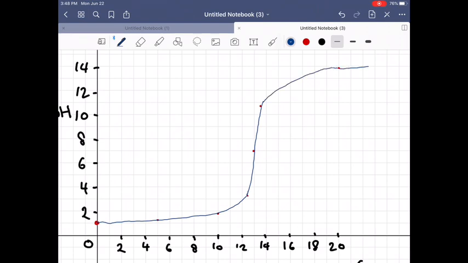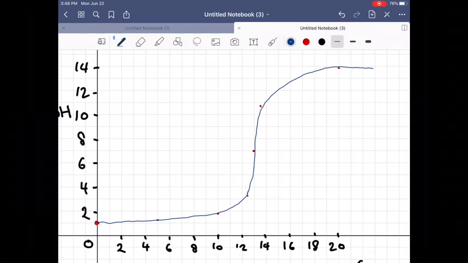You're going to do this, okay? I know this is not beautiful. I'm sure you can draw something a lot nicer than what I have here. Okay, there you go.